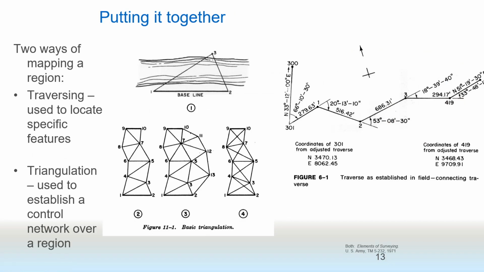Well, putting all these methods together, we can use at least two ways of region mapping. Traversing is used to locate specific features. Traverse means measuring the angles and distances, angles and distances, angles and distances. And triangulation is used to establish a control network over a region.